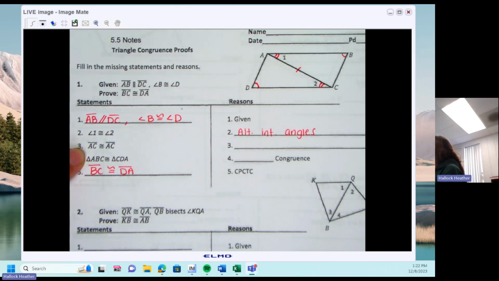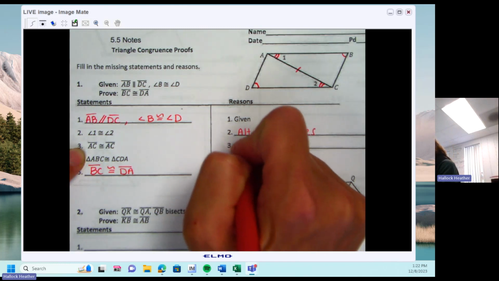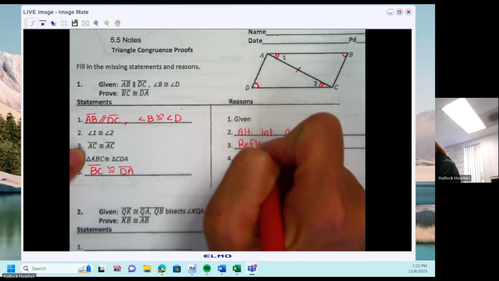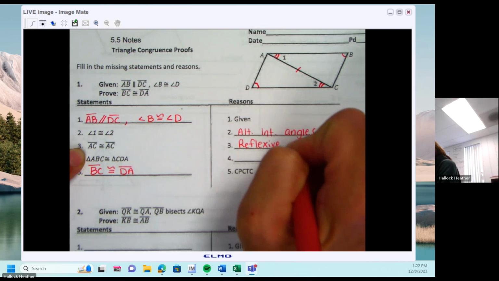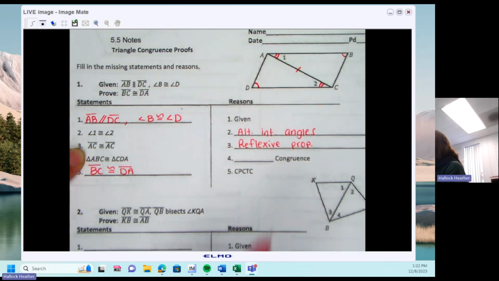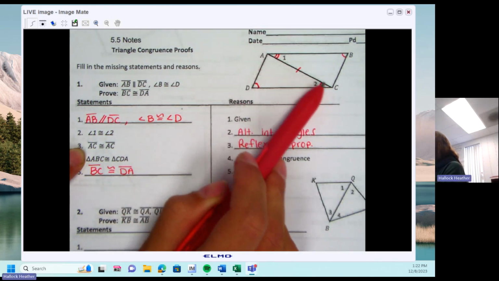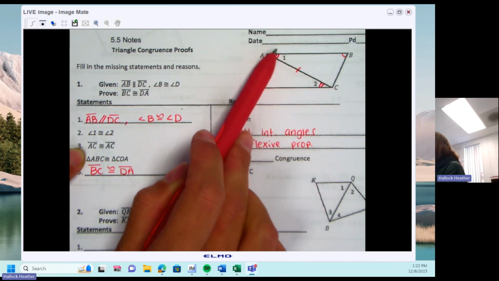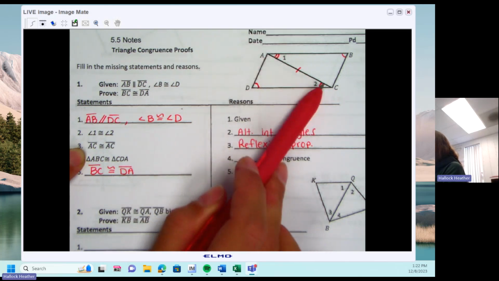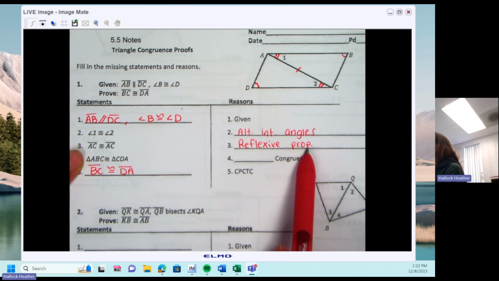Would it be vertical angles theorem that we talked about yesterday, or would it be reflexive property that we talked about yesterday? Reflexive. So this is reflexive. Whenever I have 2 triangles and it's saying they share a common side, AC is congruent to itself. That's the reflexive property. That's what we talked about yesterday.